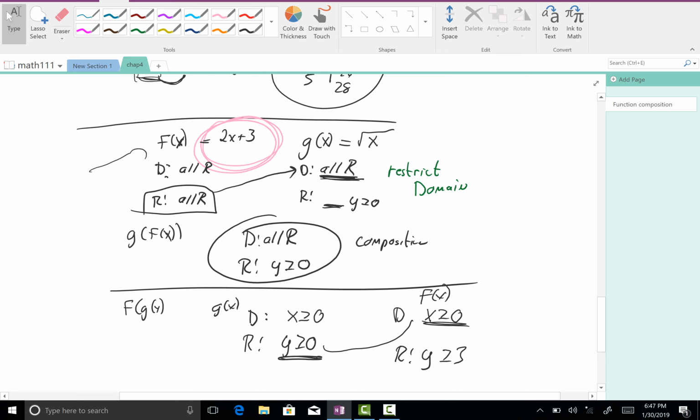And if we go the other way around, f of g of x, there it is. See how it's greater than or equal to 0 here and 3. That's the one we did. We said that the domain had to be greater than or equal to 0, which it is, and that the range is greater than or equal to 3, which it is.